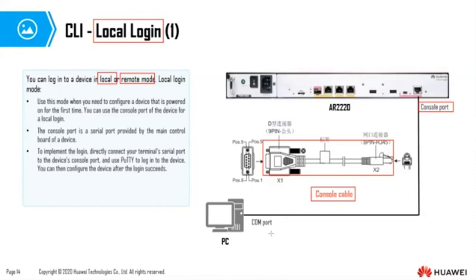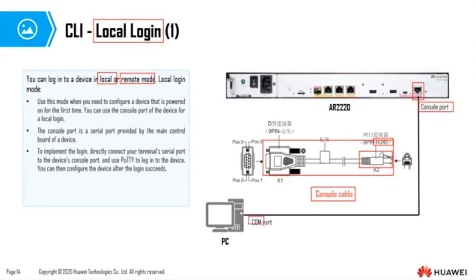Normally, we do that through the console cable. One end of the console cable is simply an RJ45 port. So normally your router or switch will provide an interface that must be labeled console port, which can be used for the initial configuration. So that's where you connect that.